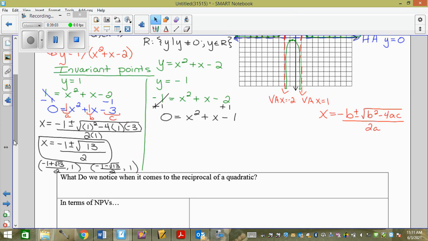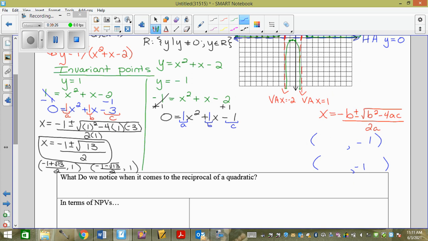You know what's better than 1 quadratic formula? 2. Right? No, not really. That's 1. This is my a. This is my b. This is my c. I'm going to end up getting something and negative 1, and something and negative 1. Those are my two coordinates.